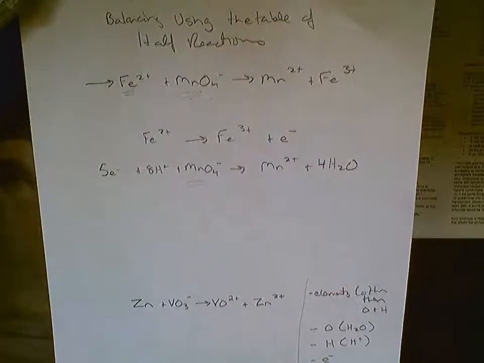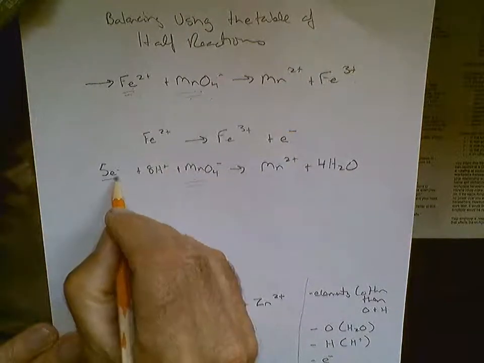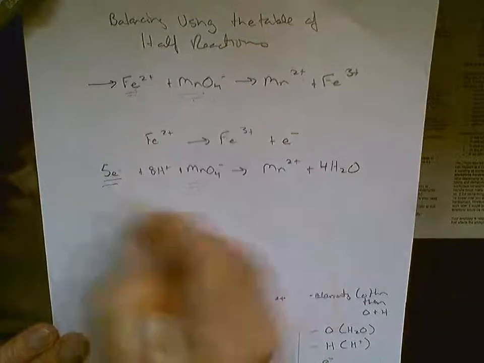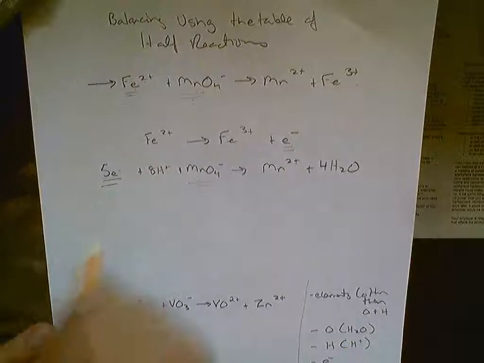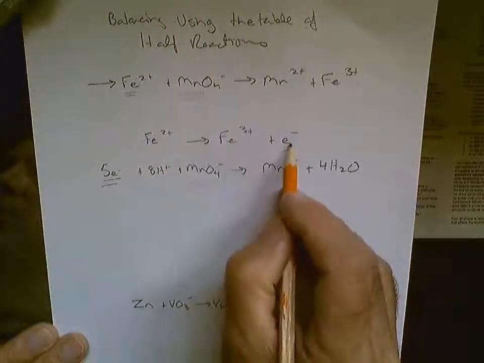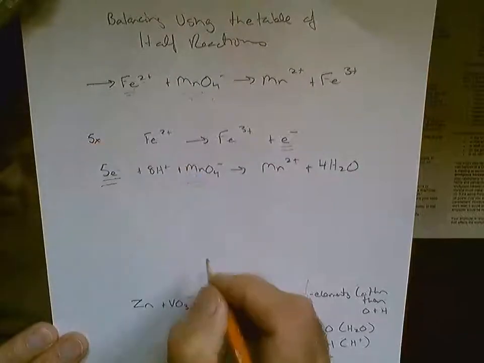Now that we have these two reactions written out, the whole key to balancing any half reaction is to balance the number of electrons. And what you will notice when you do this is if the electrons are on the left-hand side in one equation, they'll be on the right-hand side in the other equation. We have 5 electrons here, we need 5 here, so we're going to multiply this whole line by 5.